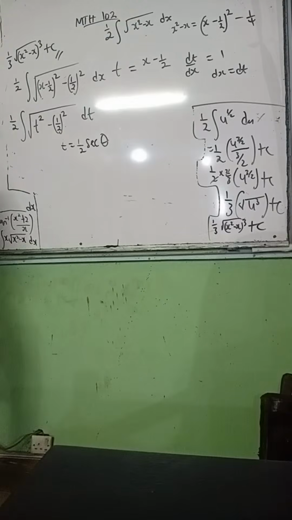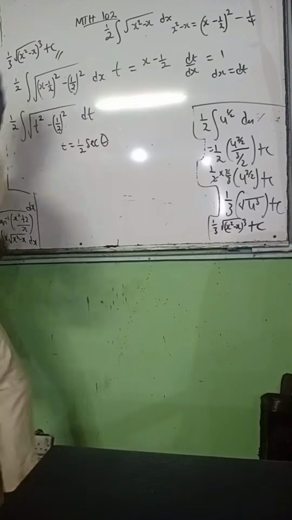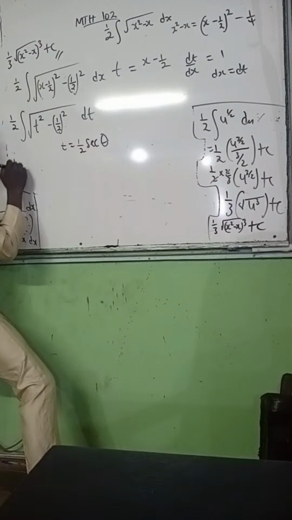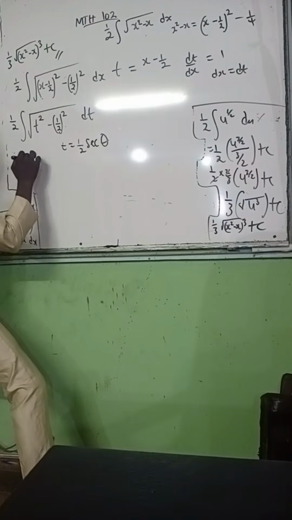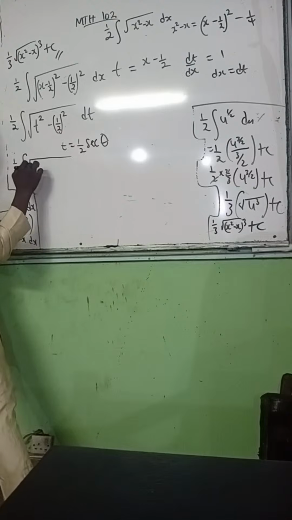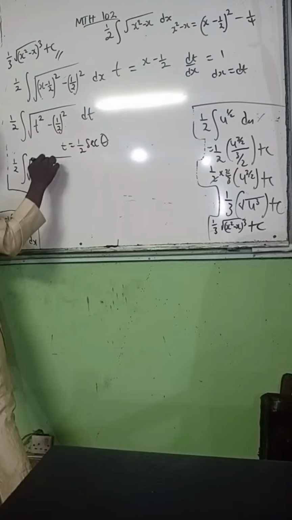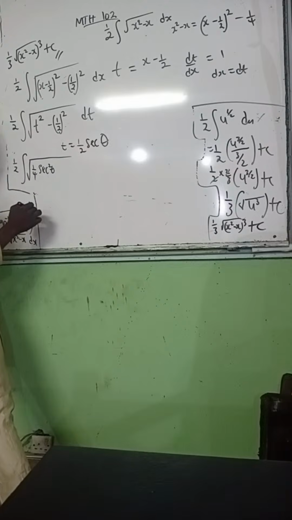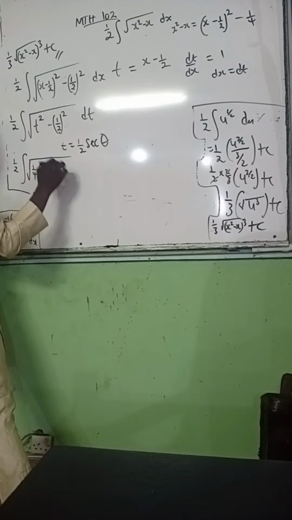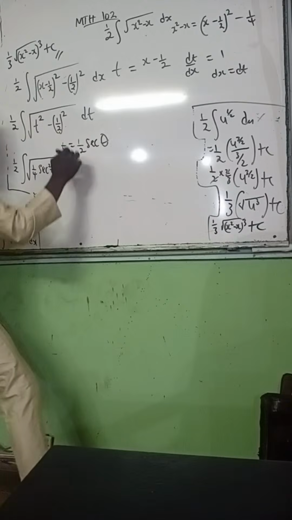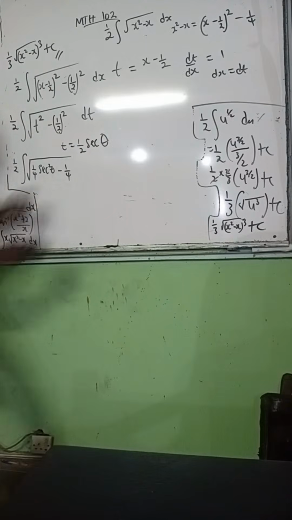So here we have 1 over 2 integral of square root of 1 over 2 squared, which is 1 over 4 sec squared theta, minus 1 over 4, dt. We have to find the theta, because we have to look for the theta.